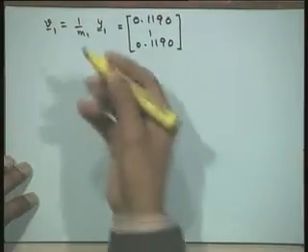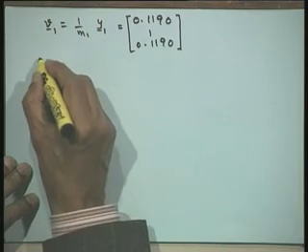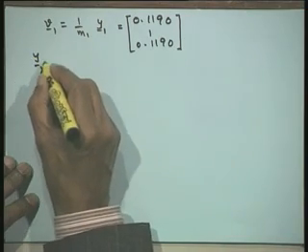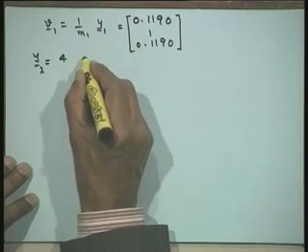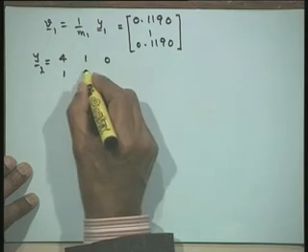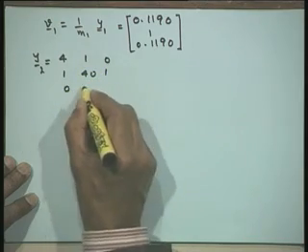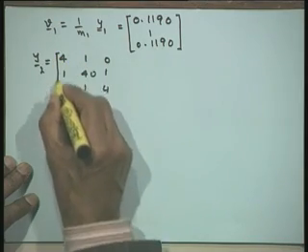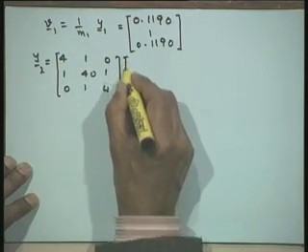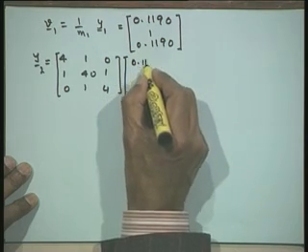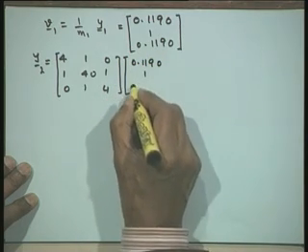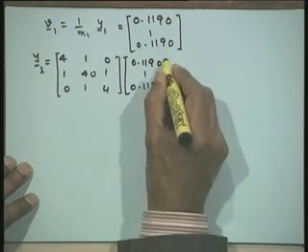Now, we go to the next iteration. The first iteration is over, the second iteration will give us y 2 equal to A V 1, the matrix times the vector 0.8333, 1, 0.8333.